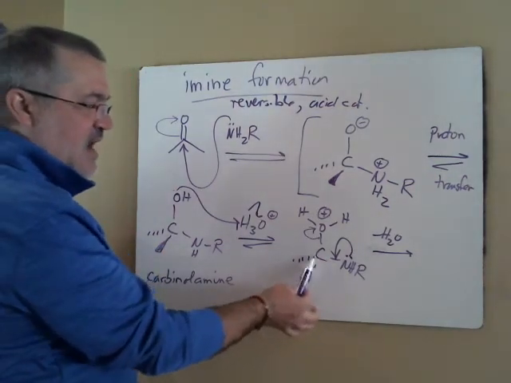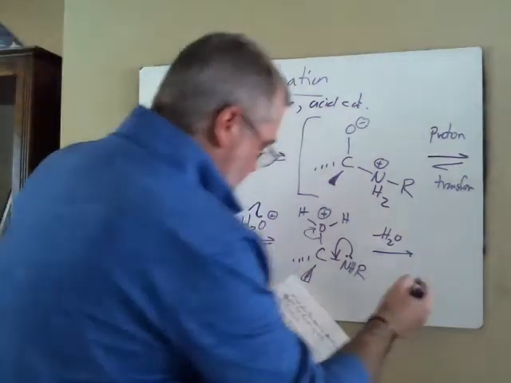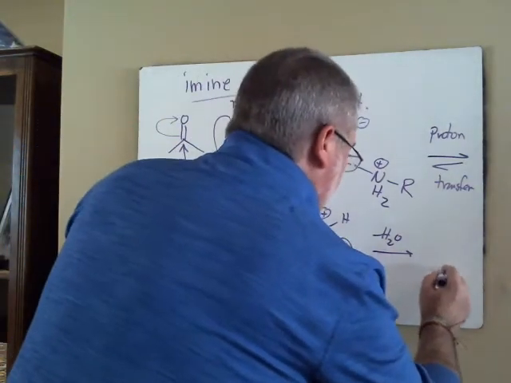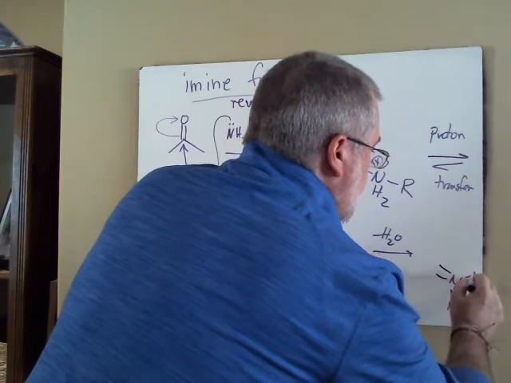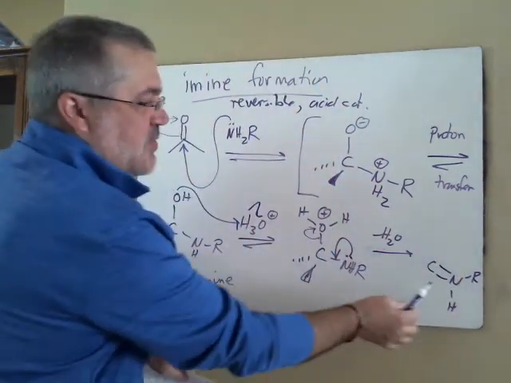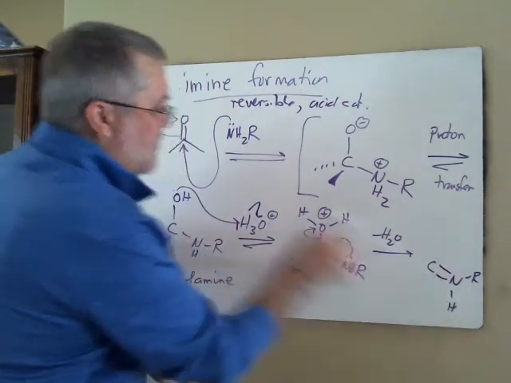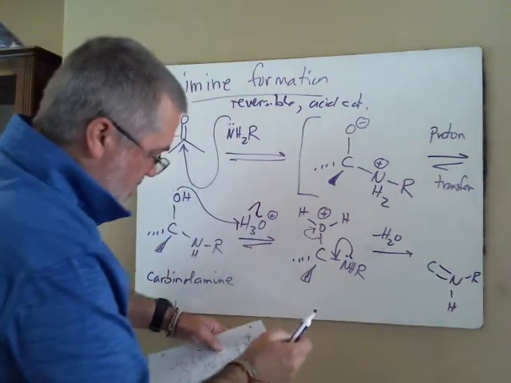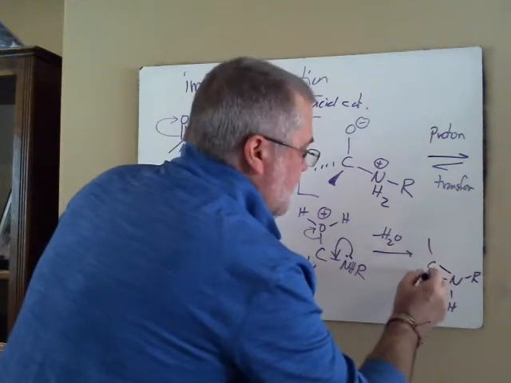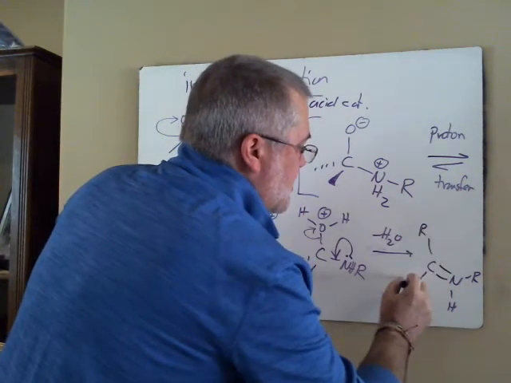And remember what happens then is that we're forming a double bond. I'm going to draw it like this. We're forming a double bond between what was the nucleophile coming in, right, and the carbonyl carbon. And then this still has the two R groups attached.